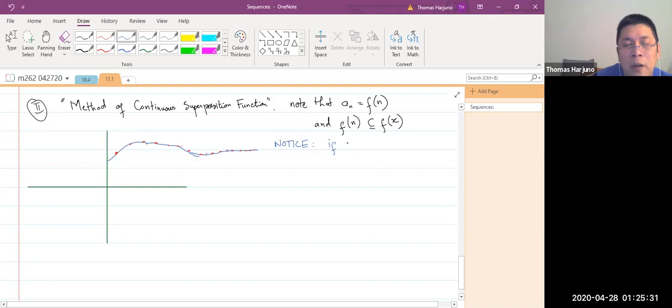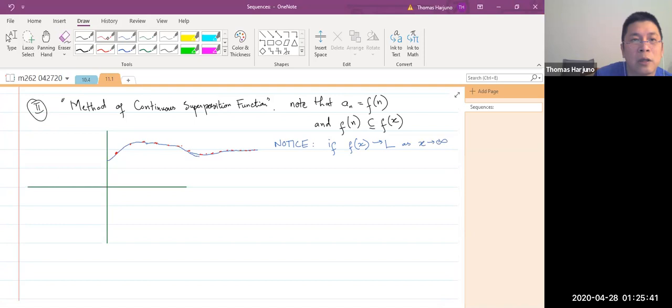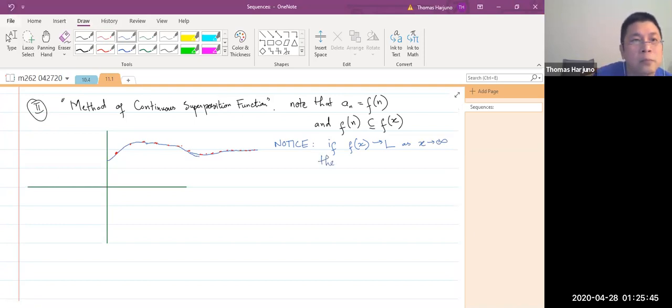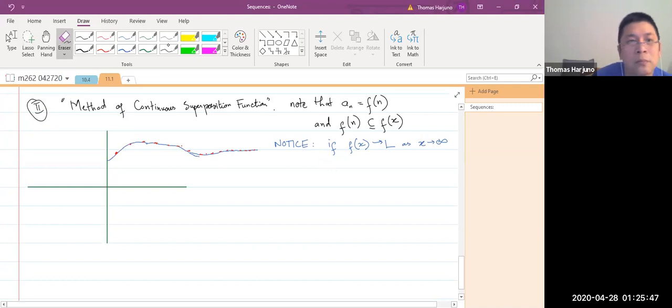Now notice, if f(x) converges to L as x goes to infinity, then f(n) must also converge to L as n goes to infinity. Do you notice that?